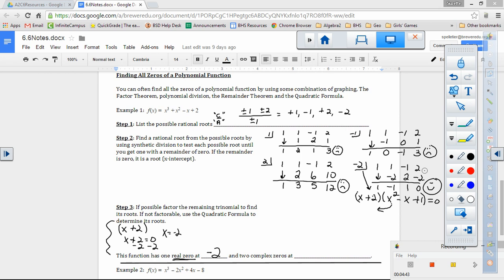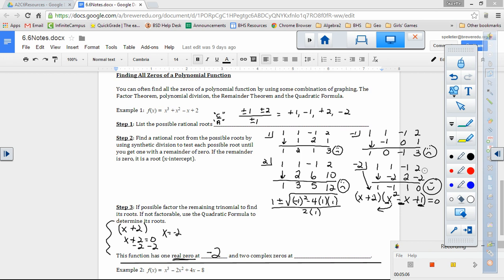And now I'm going to use the quadratic formula. So the opposite of b is 1, plus or minus the square root of b squared, so negative 1 squared, minus 4 times a times c, all over 2 times a. So that's all coming from here. A is 1, b is negative 1, c is positive 1.